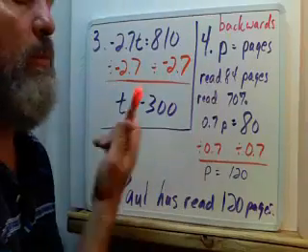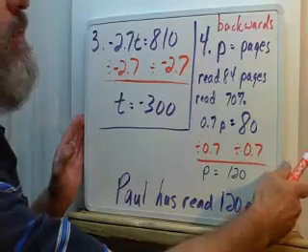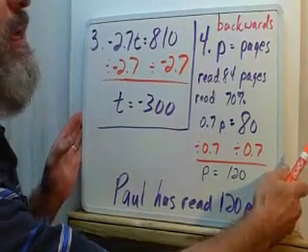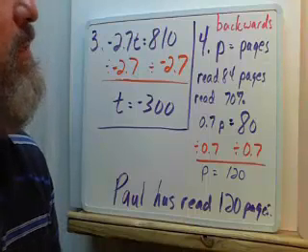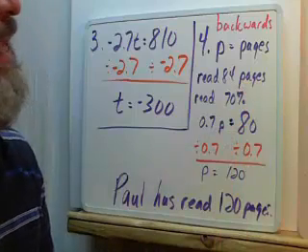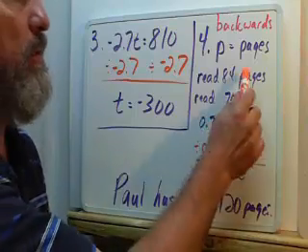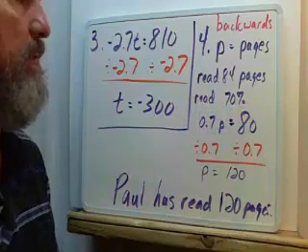Problem number 4. Again, we have a word problem. We're going to work backwards. First of all, the thing they're looking for is how many pages were read. So we're going to define a variable of p equals pages. And then it also said that the person had read 84 pages. So there's one of the things we know. And that they read 70%. Okay?